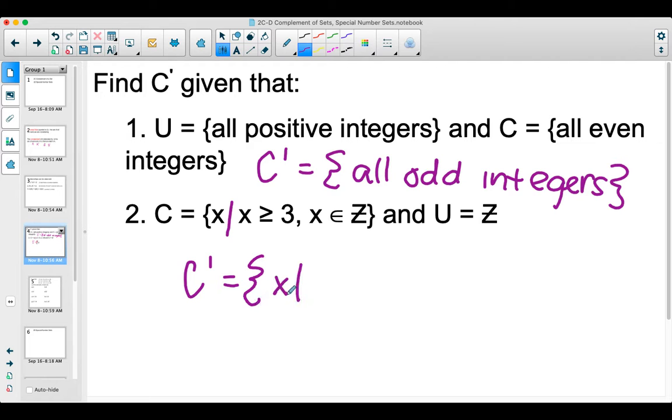So X such that the opposite of greater than or equal to 3 is everything that is less than 3. X is still going to be an integer, but that would be the opposite of that. So C prime is going to be everything that's less than 3.